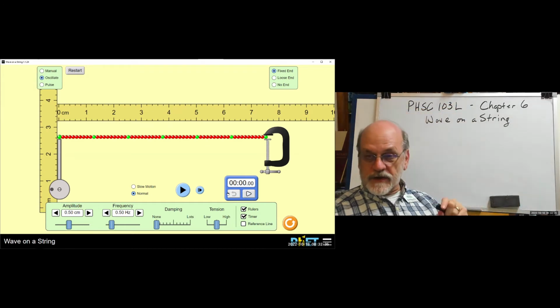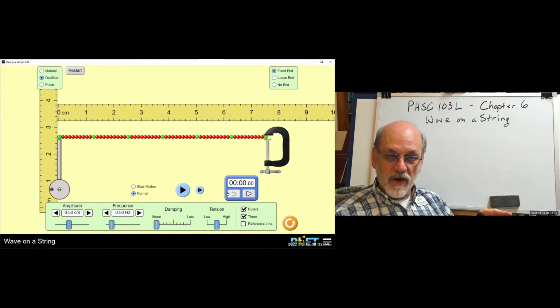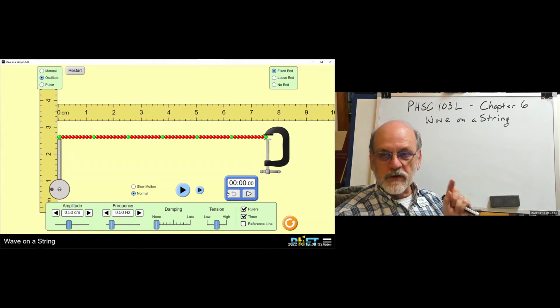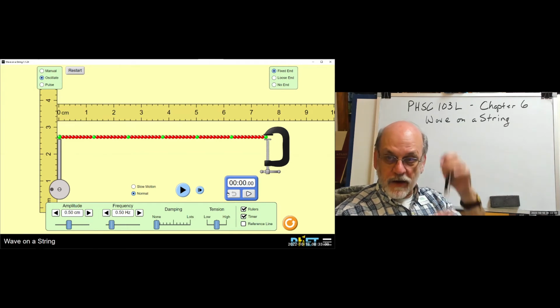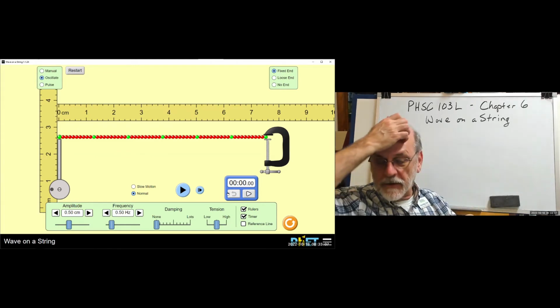If any of you in this class are musicians, then you either know what a harmonic is or you use harmonics when you play your instrument. You may not know what a harmonic is, but you are definitely using one, particularly if you're using a wind instrument. If you're using a wind instrument, then you finger up a certain distance, and then you got to go back and start again, or maybe with different fingerings, depending on the instrument.